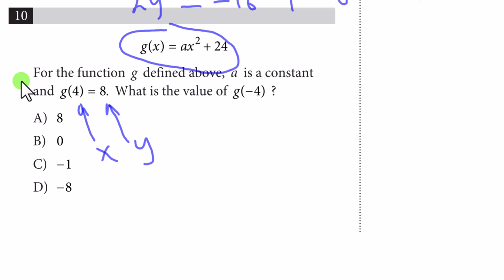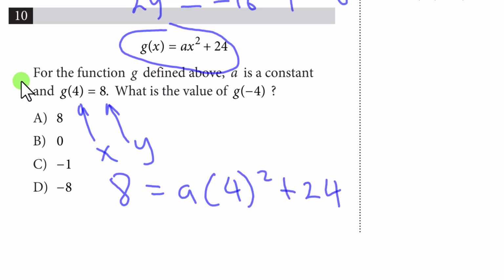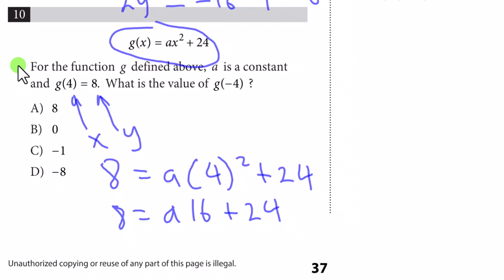Okay, so this is what we're going to do with this. That means that 8 is equal to a times 4 squared plus 24. And we're going to go ahead and figure out what the a value is. So that's going to be 8 equals a times 16 plus 24. Subtract 24 from both sides.